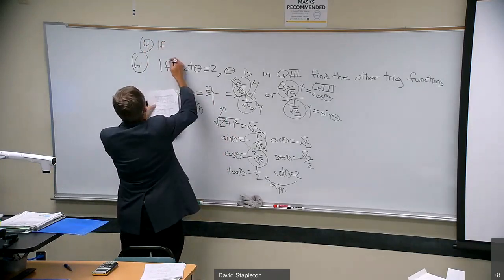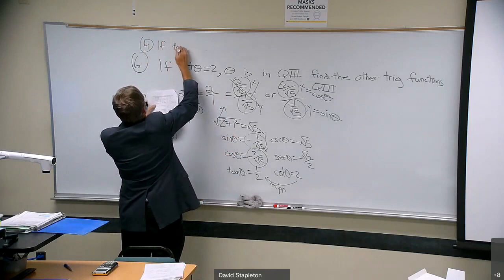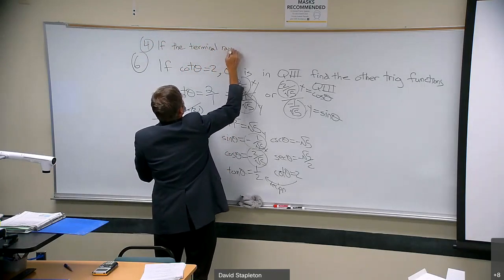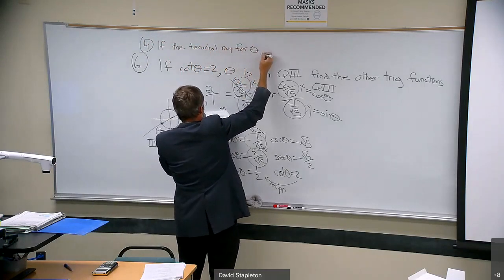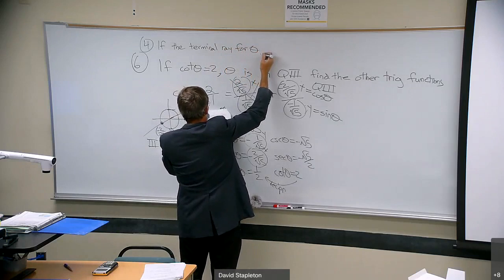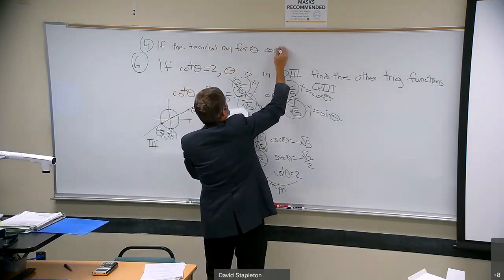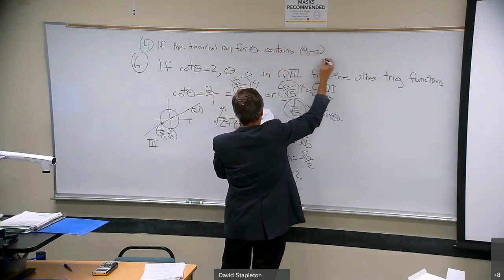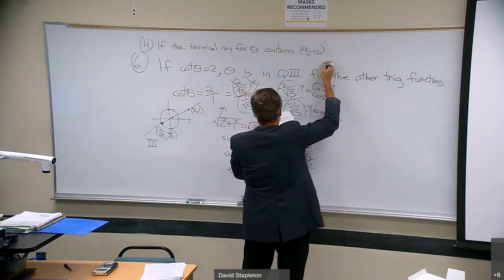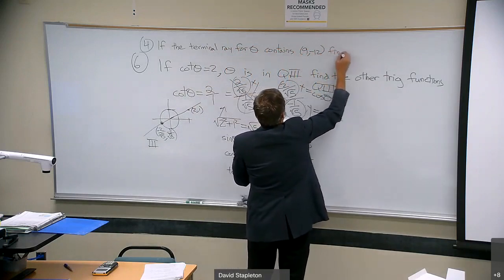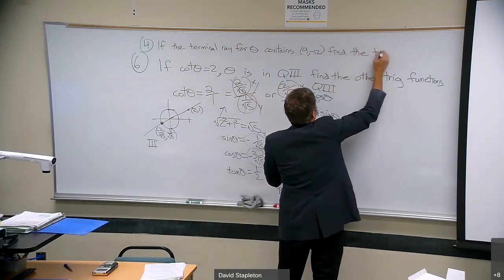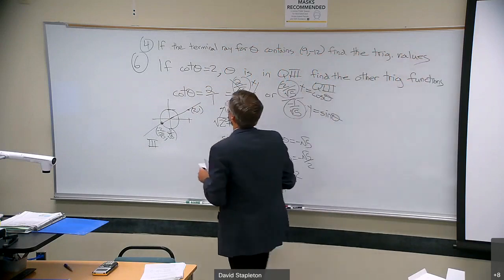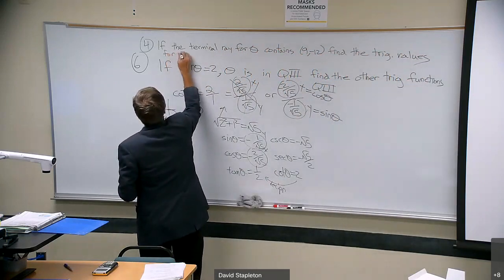So if the terminal ray for theta contains the point 9, minus 12, find all 6 trig function values for that angle.